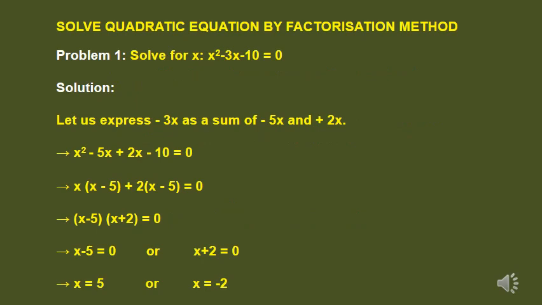Students, we already learned how to factorize the quadratic equation. So here is a solved example. Let's see its solution. The first example is x square minus 3x minus 10 equal to 0. Here we express the middle term minus 3x as a sum of minus 5x and plus 2x, and the product is minus 10.